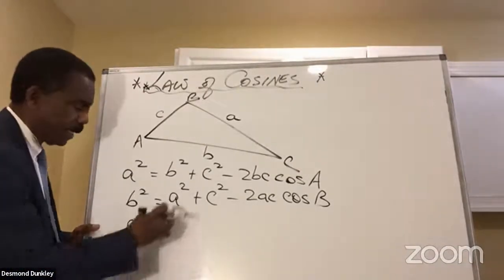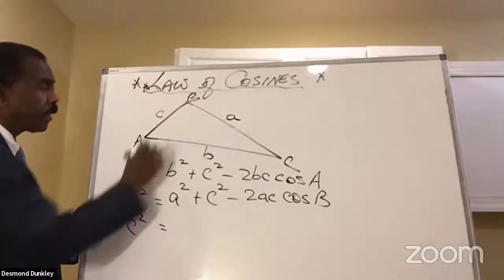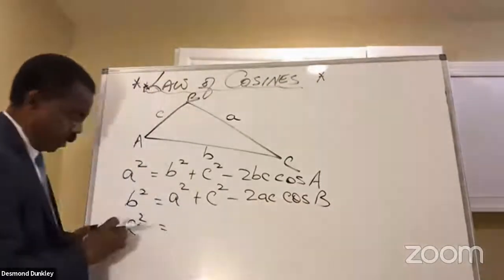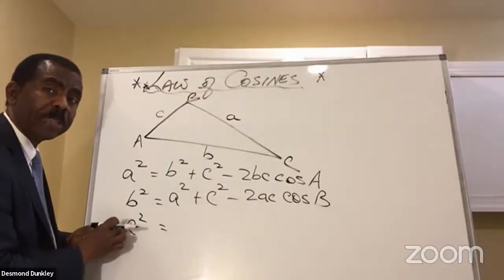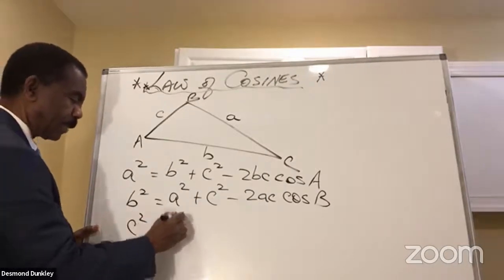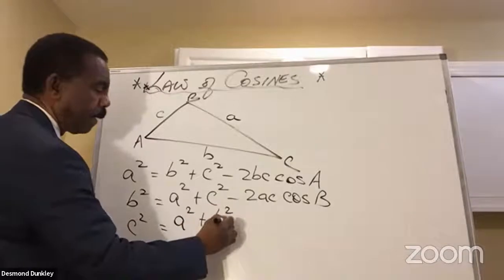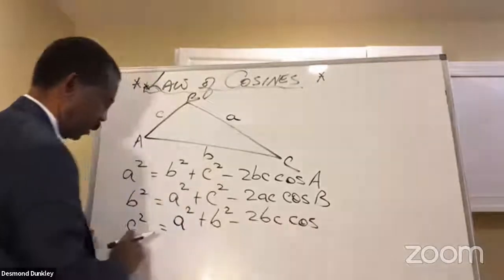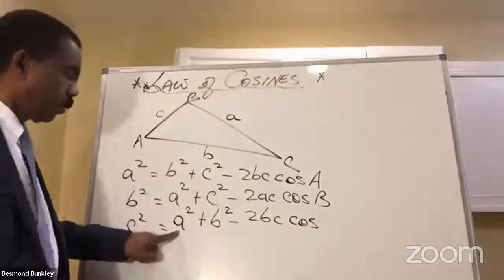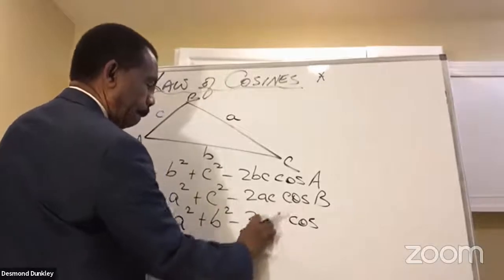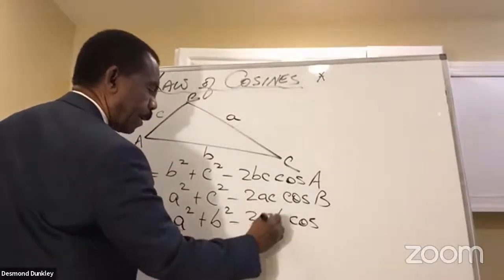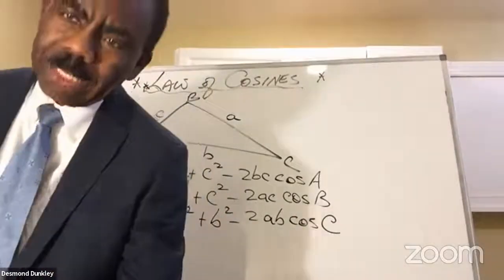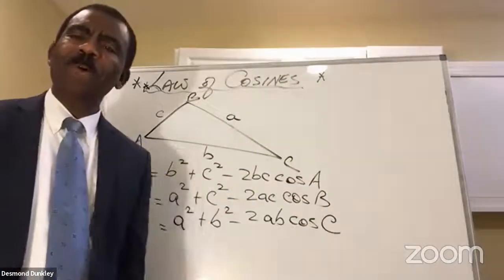This part here will be the other two sides, and we end with cosine of what we start with. So it will be cosine of angle C. So there we go. It's a squared plus b squared minus 2ab cosine of angle C. So those are the three representations of the law of cosines.